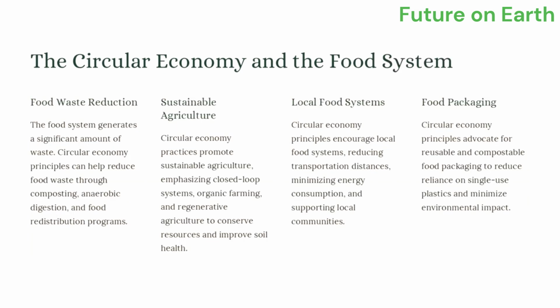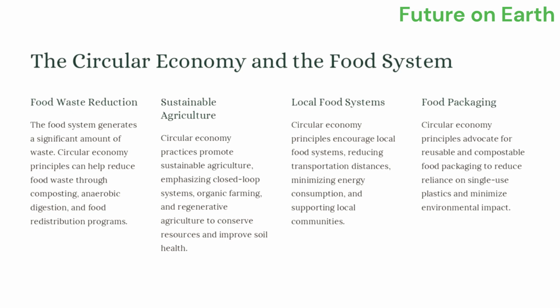The food system generates a significant amount of waste, but circular economy principles can help reduce this through composting, anaerobic digestion, and food redistribution programs. Circular economy practices also promote sustainable agriculture, emphasizing closed-loop systems, organic farming, and regenerative agriculture to conserve resources and improve soil health.